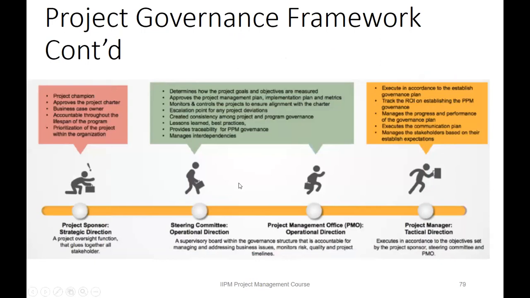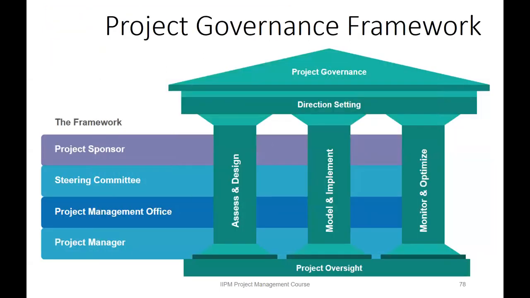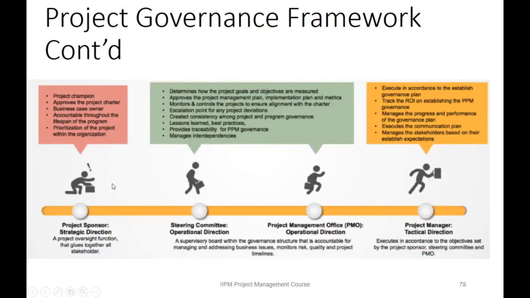Now, I've explained so much here. This might not be too clear, but I trust you understand it. The project sponsor in this whole committee: the role of each of these people in developing this framework. For the project sponsor, his role is to provide strategic direction, a project oversight function that glues together all stakeholders.